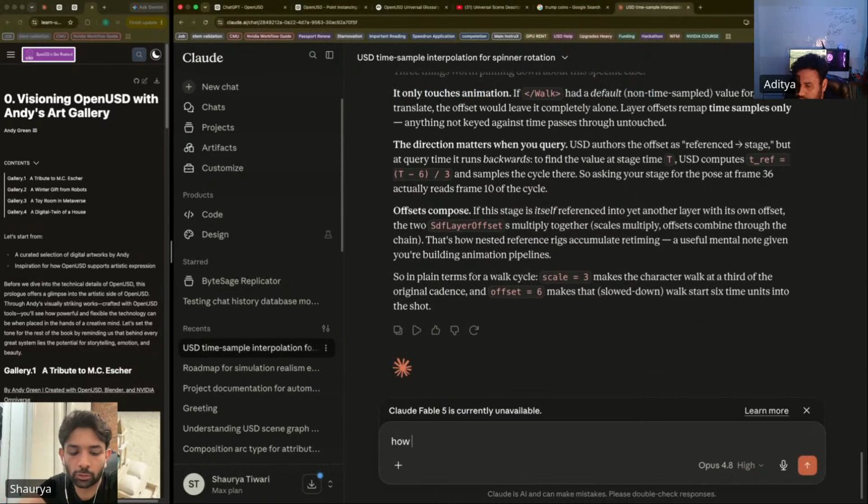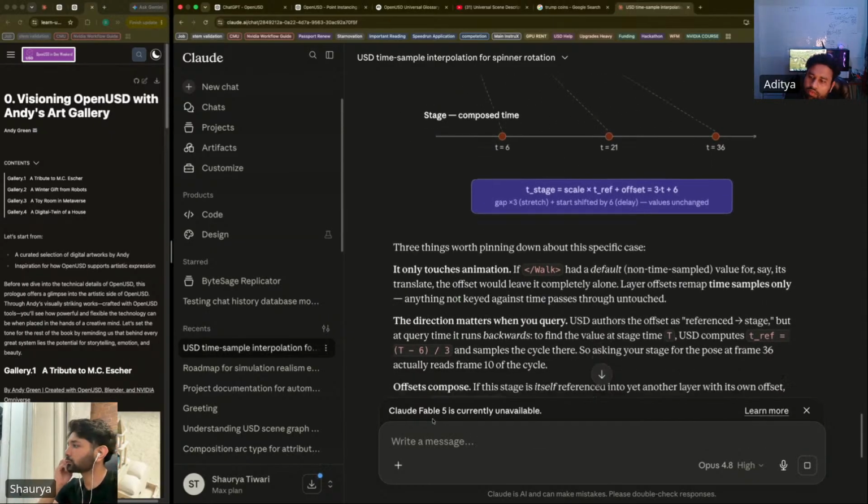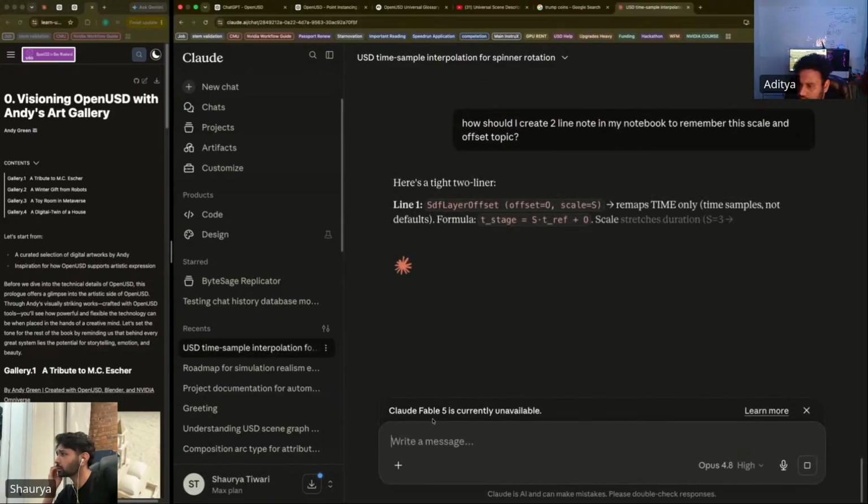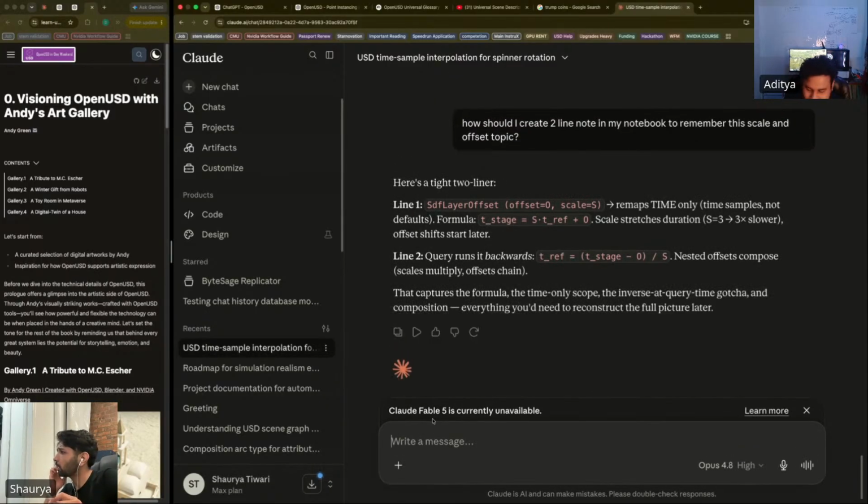Okay, how should I create two line notes in my program, number this scale and SDF layer offset equal to 0 and scale at nearest time, only time samples, not default.